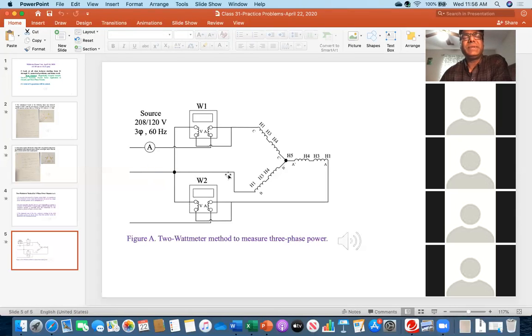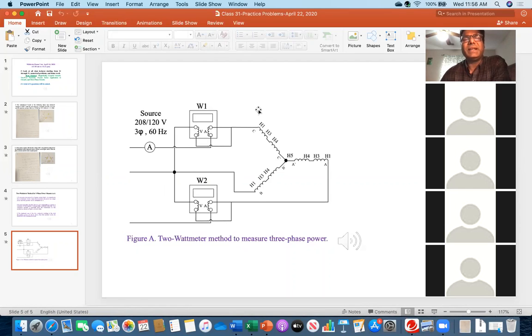But this is phase number 2 or phase B. So because you are making this line a common point to which you are connecting your voltmeter, that's why these 2 wattmeters indirectly take into account all 3 phases. And if you are doing an experiment and for example you got 100 watt here, 100 watt here, that 100 plus 100, 200 watt, is the total 3 phase power.